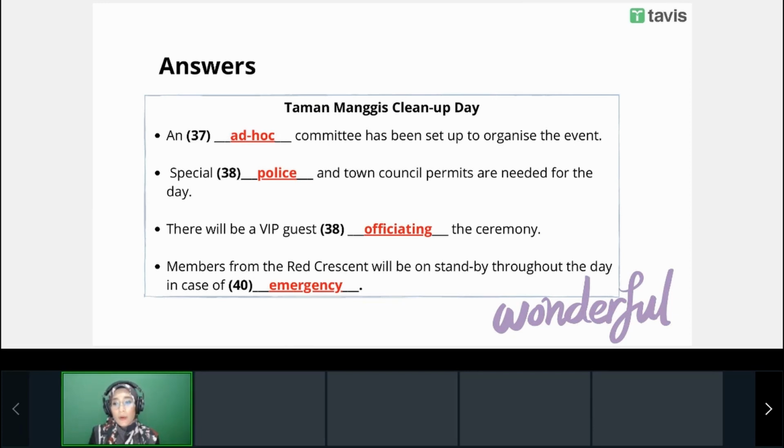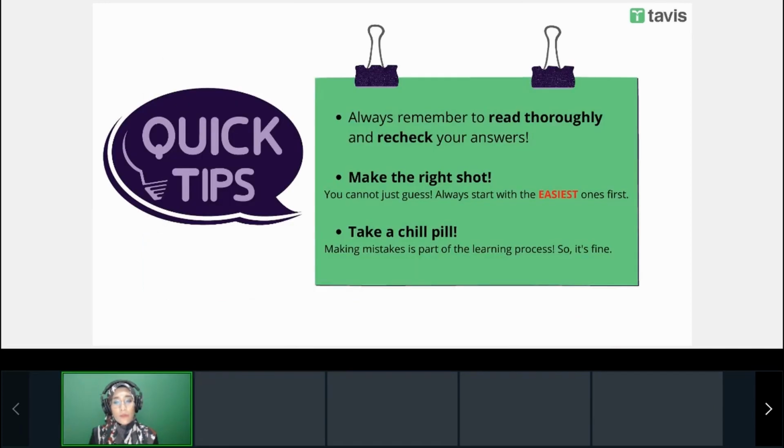Okay, before we close for today, we end our session for today, just a few quick tips for you. So always remember to read thoroughly and recheck your answers. When I say read thoroughly, make sure you read the instructions, the questions, and the answer options as well.